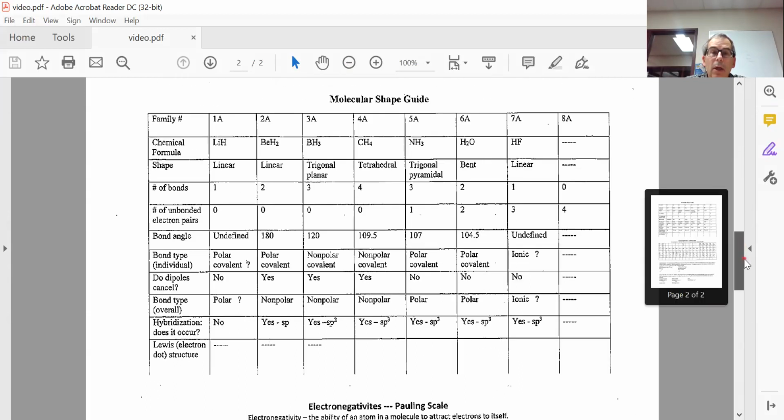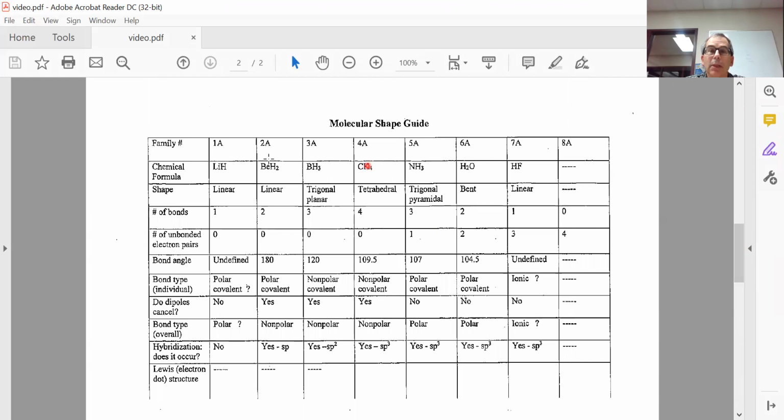Scroll down, and I'm going to say oxygen is in family 6. 1, 2, 3, 4, 5, 6. And what happens, I have an O with 2 things attached. In this case, it's hydrogen. So it's H2O. And I can see that that shape is bent. Okay, and that is the bent shape that I'm talking about. So that is going to be the shape right there.